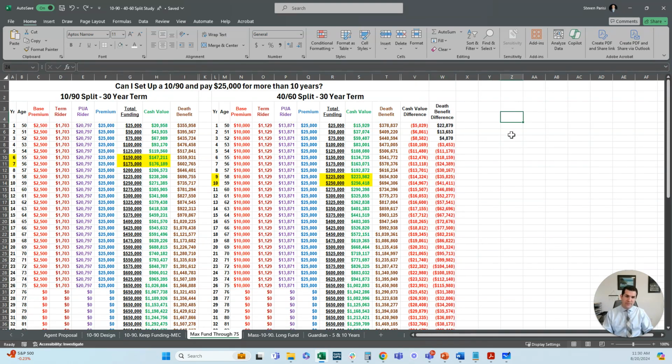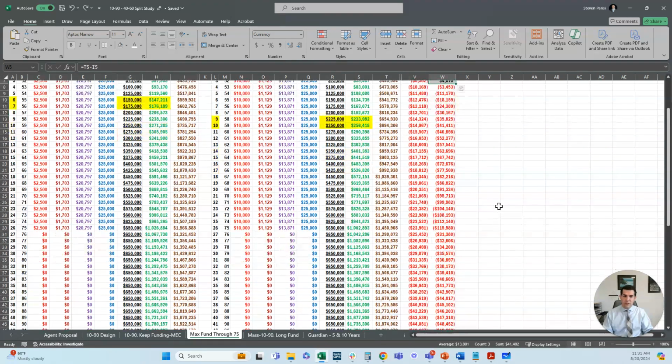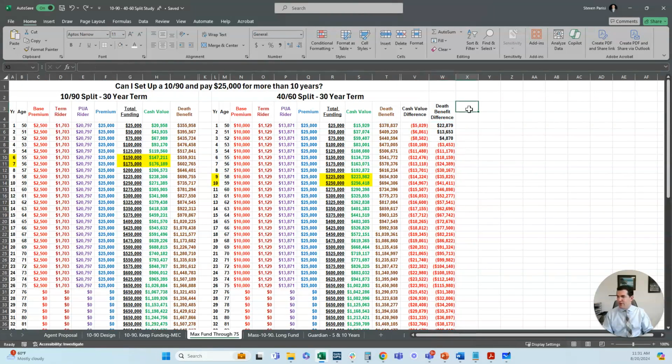What about death benefit? I see a little bit more for the first 3 years. How about long term? No, I do not. Now, an argument we sometimes hear in this case is, well, if dividend rates go up, this could produce more money. Yeah, it could, but we've never seen that happen.